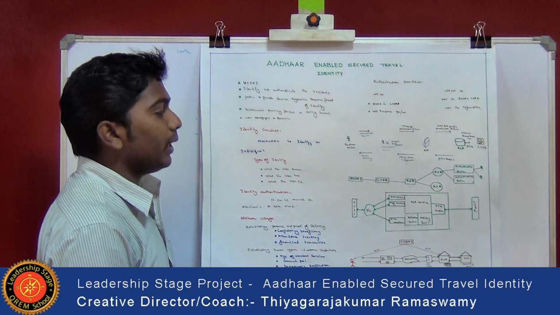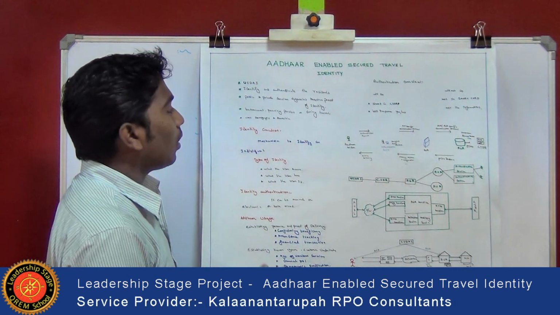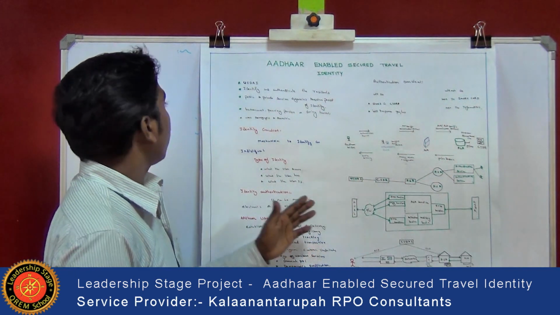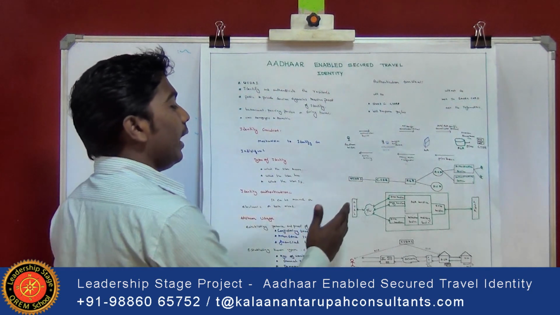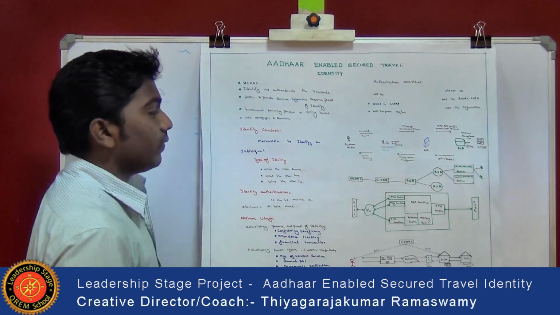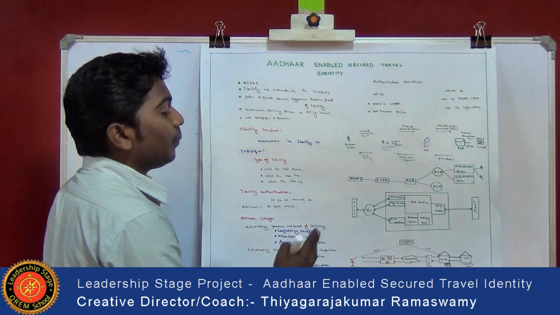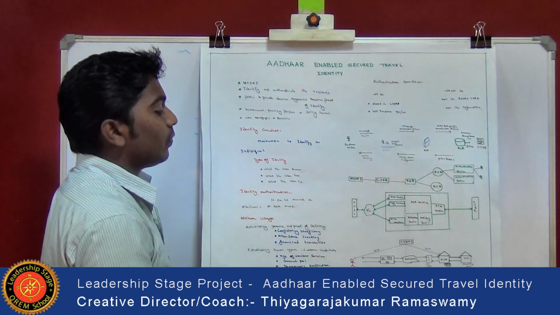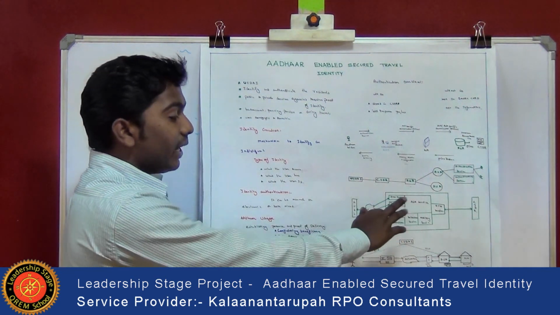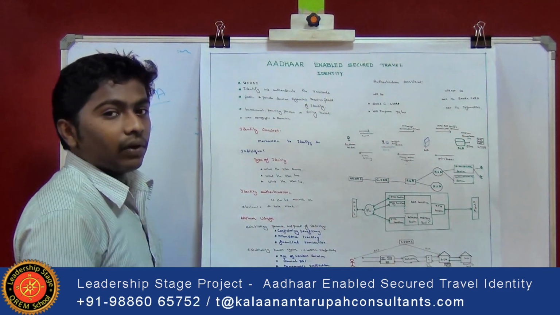The registered companies or applications are called Aadhaar-enabled applications, they are called the AUA. And ASA stands for Authentication Service Agencies. It is responsible for establishing a secure connection between the AUA and the CIDR. It may be a middleware or a software.